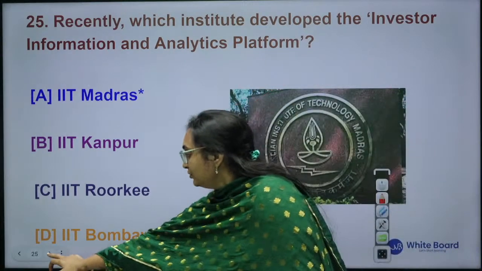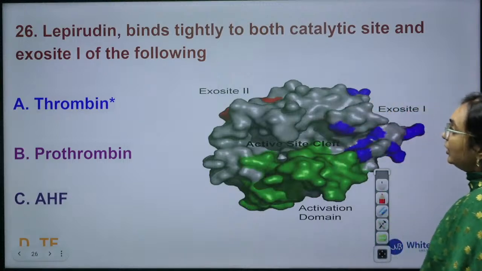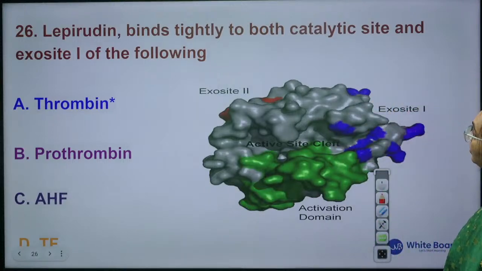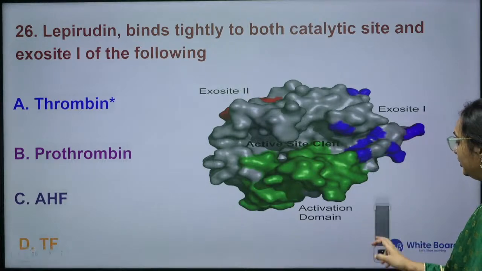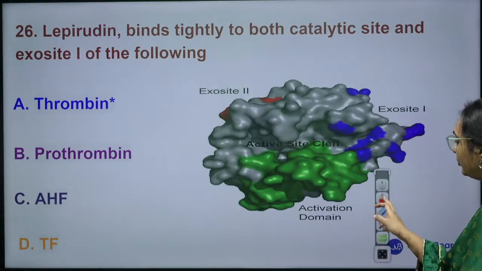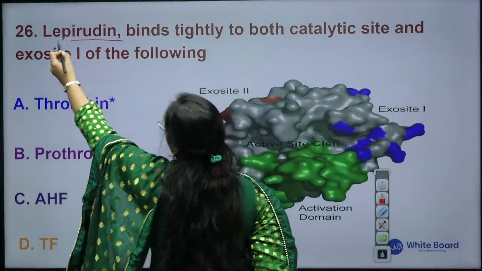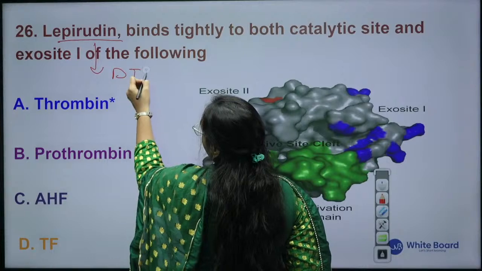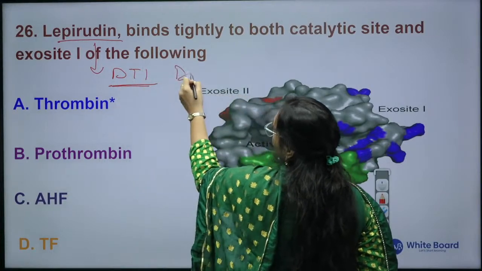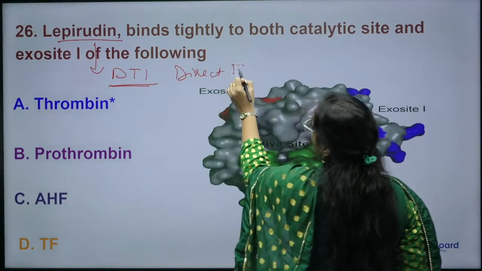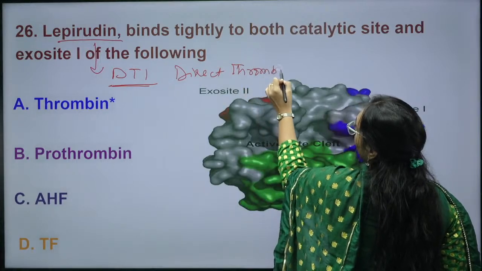Next question. Lepirudin binds tightly to both the catalytic site and exosite of the following. Here lepirudin is an example of a direct thrombin inhibitor, DTI.